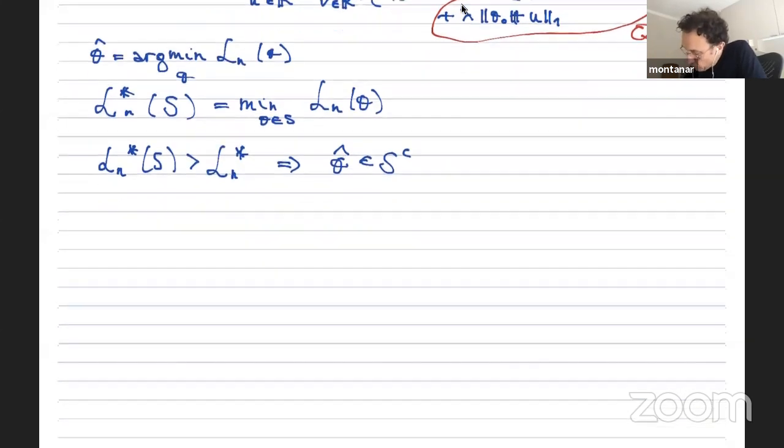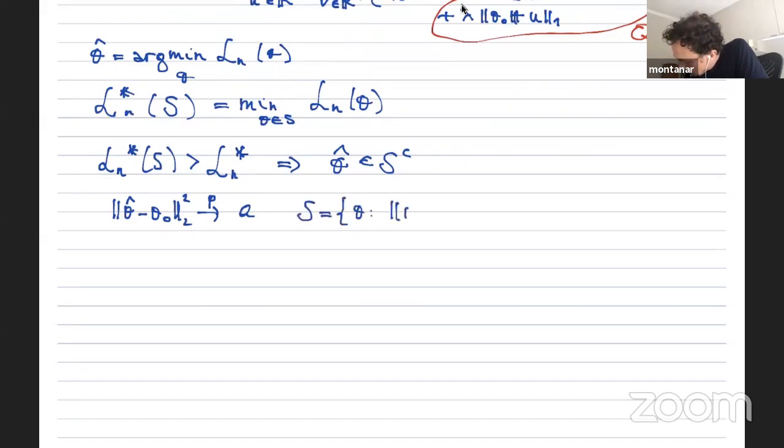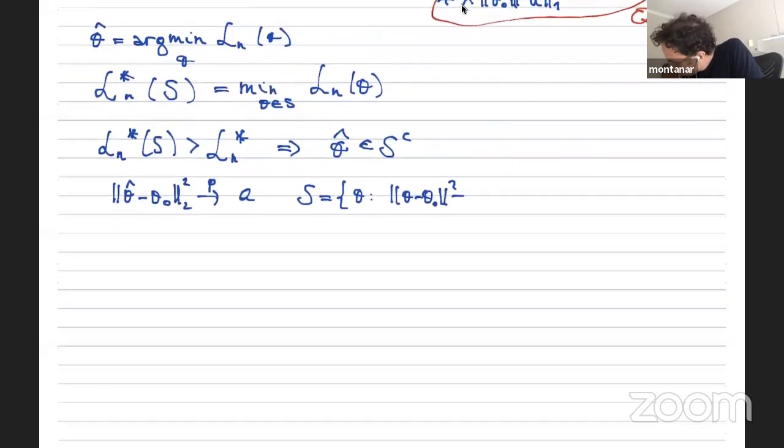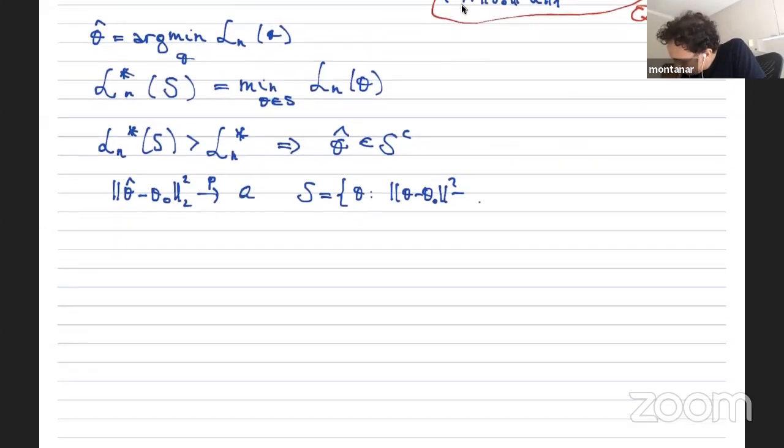So for instance, a typical thing that I want to prove is that theta hat minus theta 0, 2 norm squared, concentrates around some value, so converges, for instance, in probability to some limit A. So I'll take S, the set of theta such that theta minus theta 0 squared minus A is bigger than epsilon.